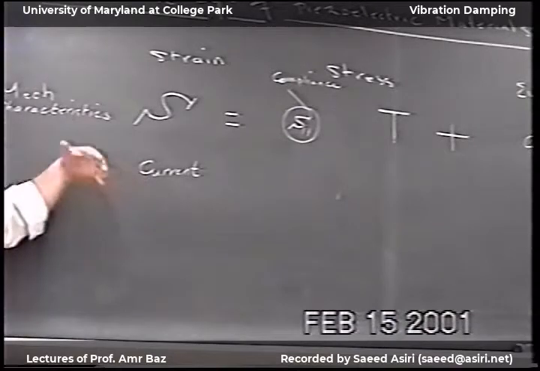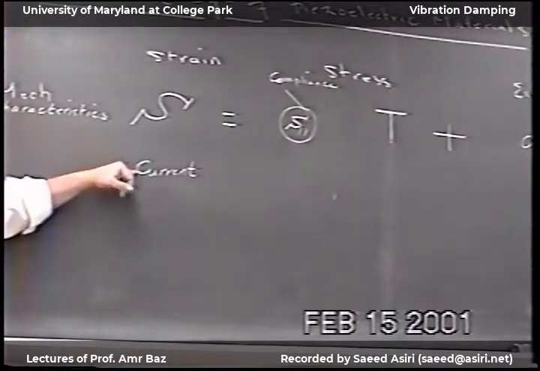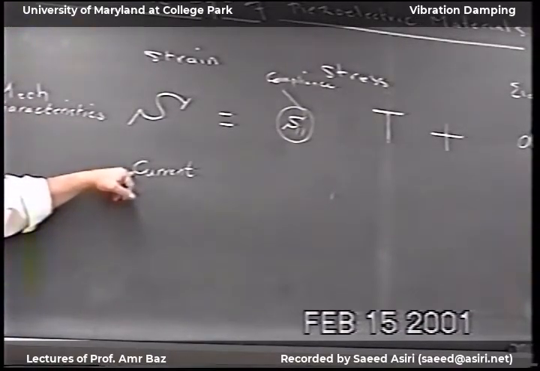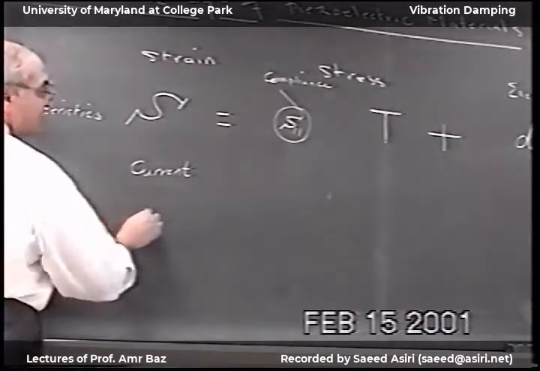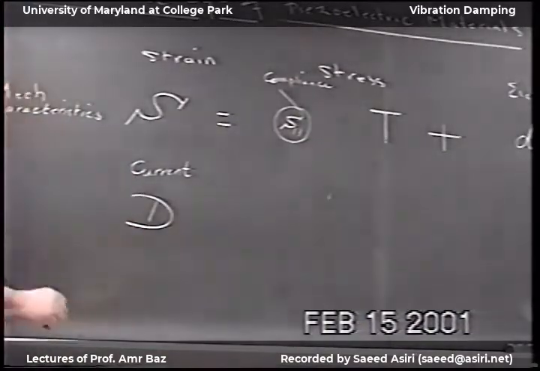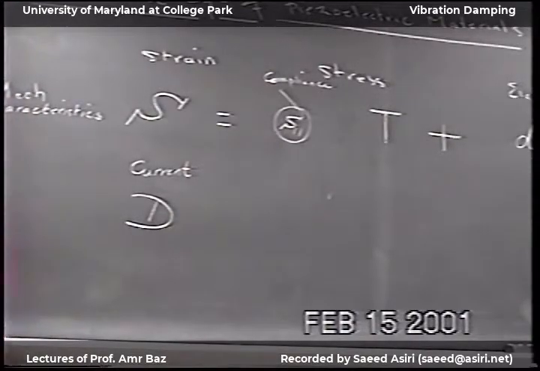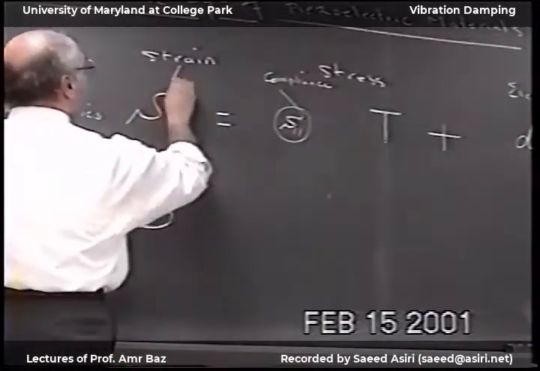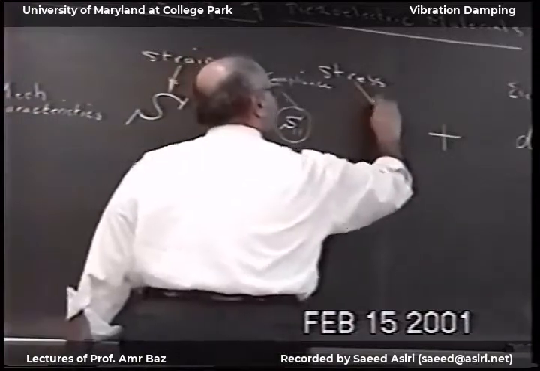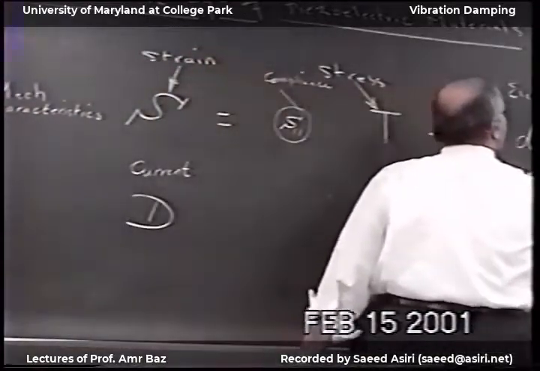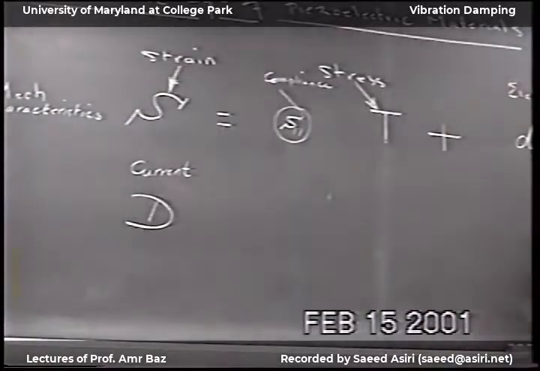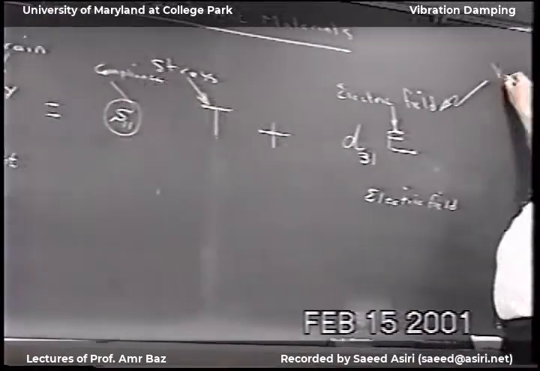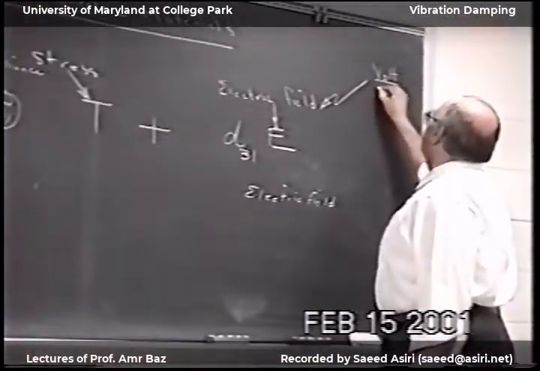We will deal with charge, and not just charge, but charge per unit area. So now we can write down here something called D. Let me write down here first: this is strain, this is stress, this is electric field, and the electric field is defined as voltage per unit thickness.